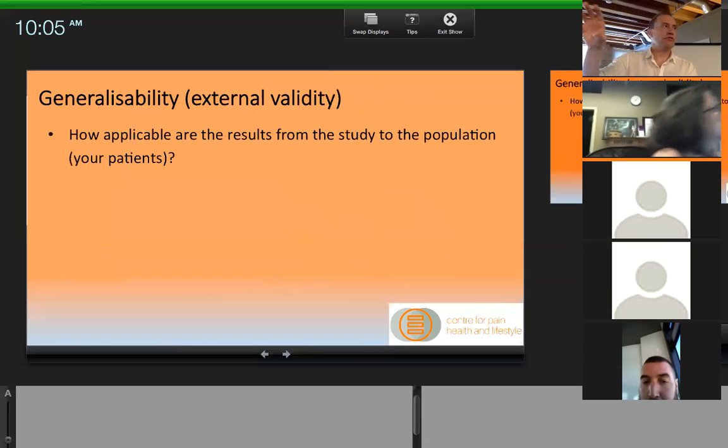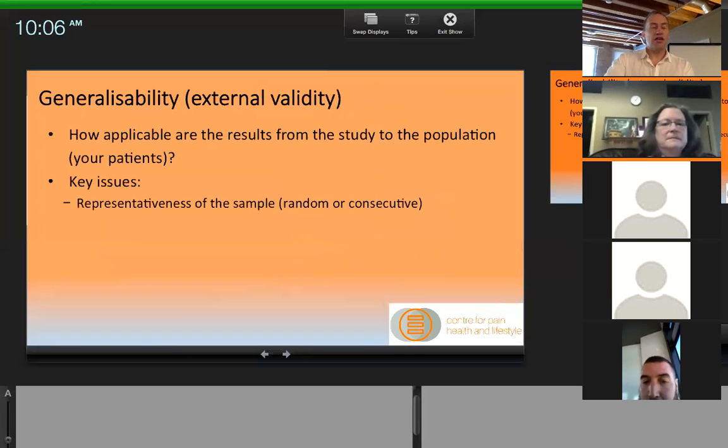So you've got these results from this study. How applicable are they to this person standing in front of me, or group of patients? And there's some key issues. One of them is the representativeness of the sample. So this speaks to the idea that the sample is the same as the population in every way, except there's less of them.